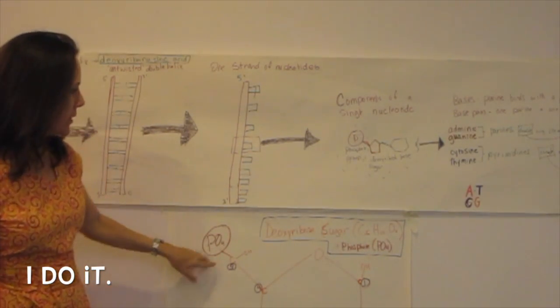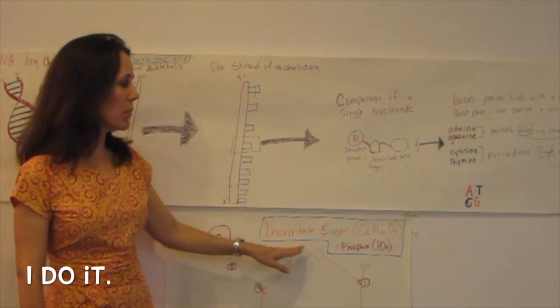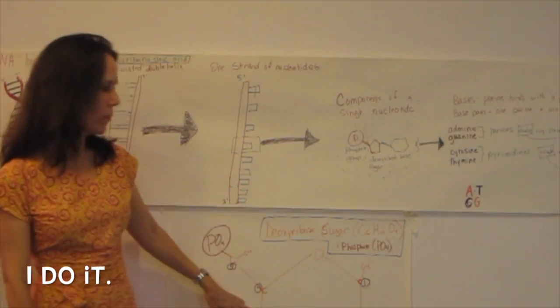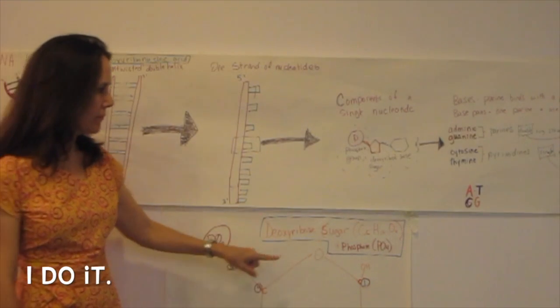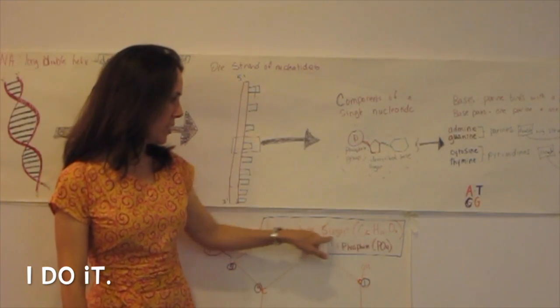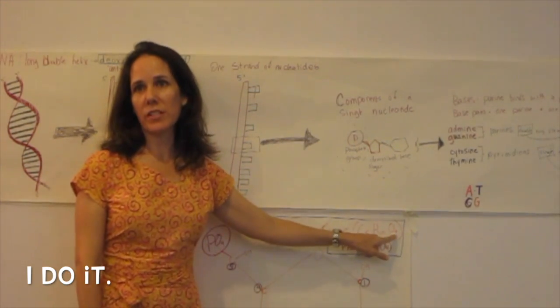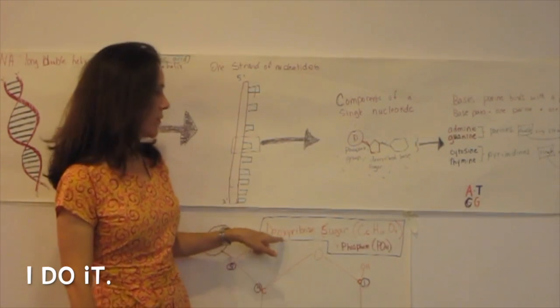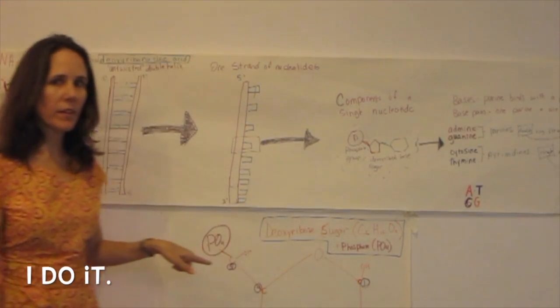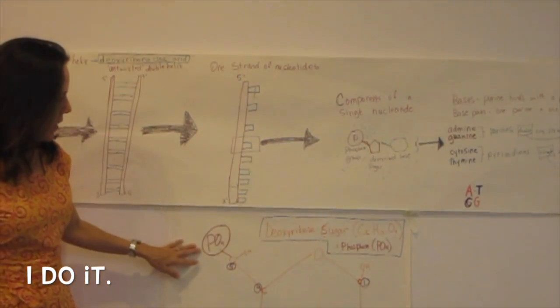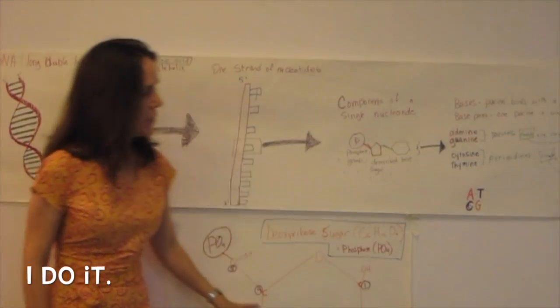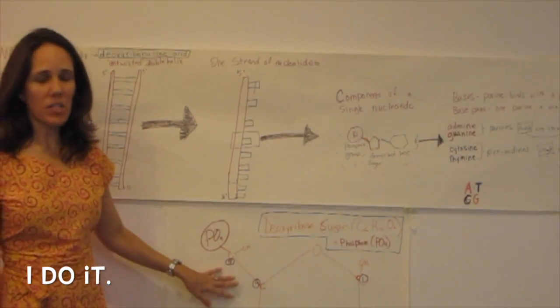So, for example, in this deoxyribose sugar, which makes up DNA, in each sugar there are 5 carbons, 10 hydrogens, and 4 oxygens. This is the chemical formula for the deoxyribose sugar. Its chemical structure is how the carbon, hydrogen, and oxygens are arranged.